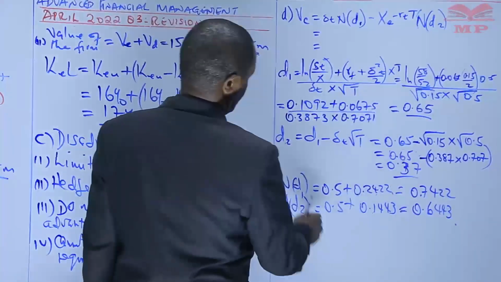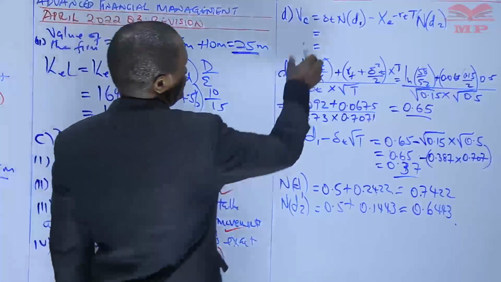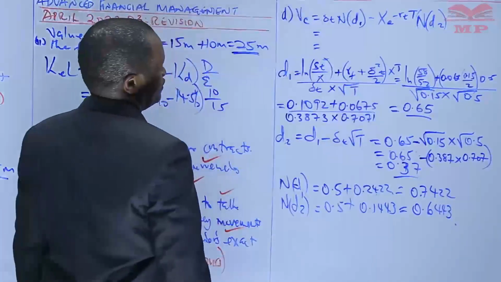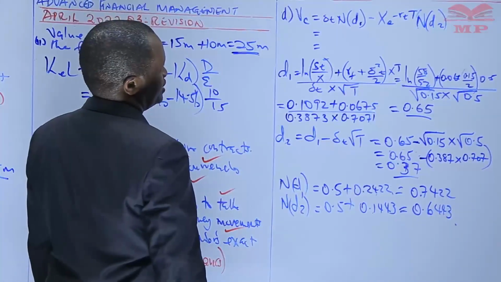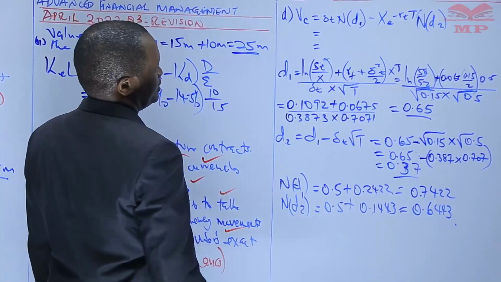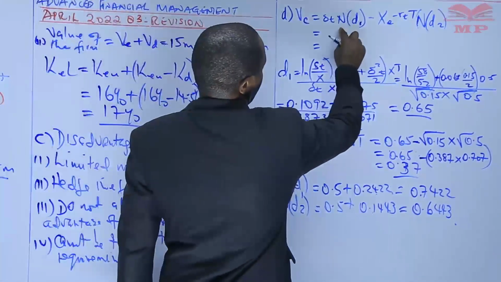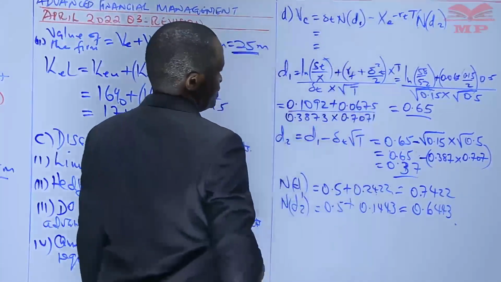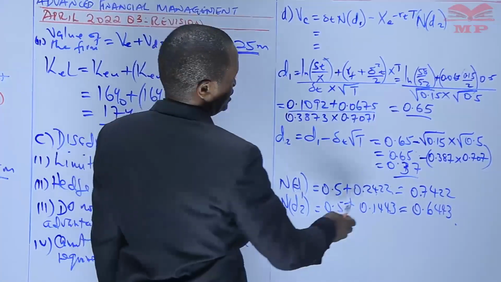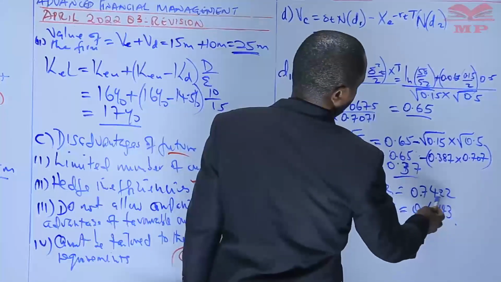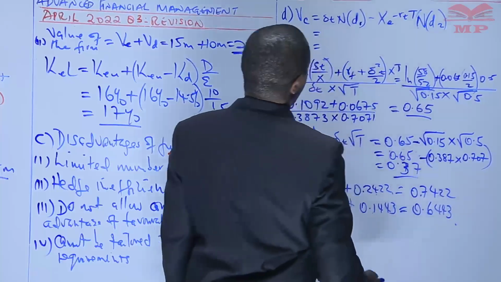Now these are the values. We're going to substitute them into the main formula. Our N(D1) is 0.7422.